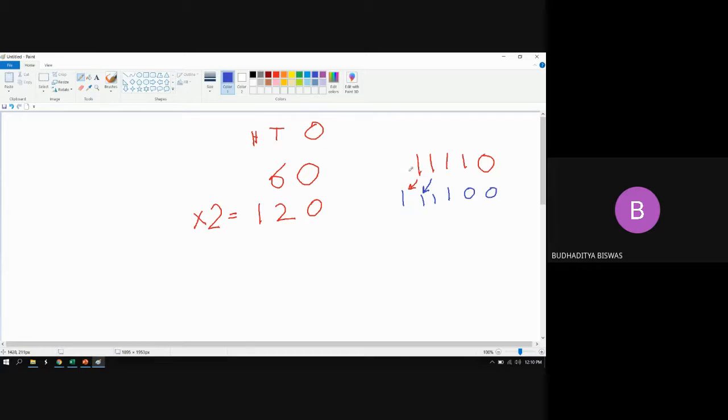Then if you say, sir, we need to fill it by only 5 positions, the answer will be wrong, because when you multiply something the result will occupy more places. That is the fact. But in case of division, the result is either filled up by 2 positions or fewer. Because 60 is there, if I divide the 60 by 2, then you see the result will be 30.